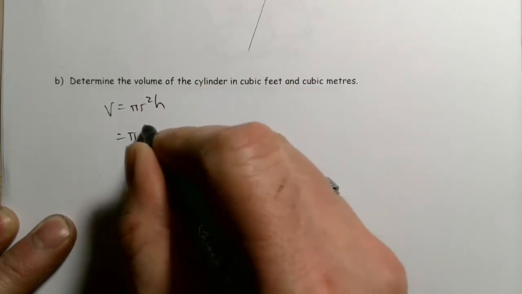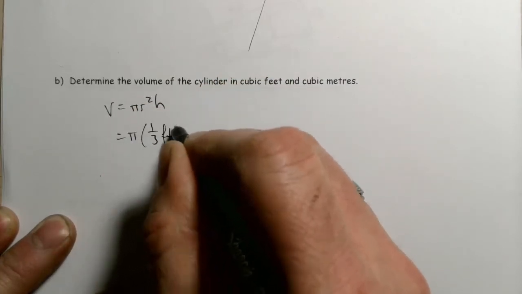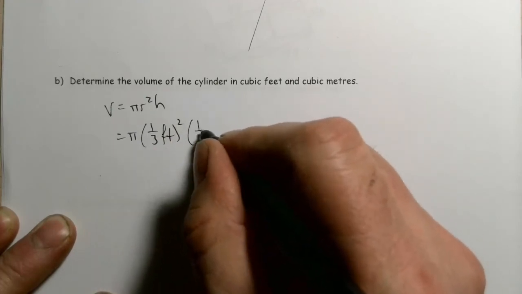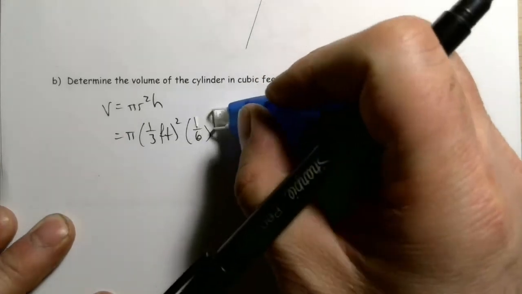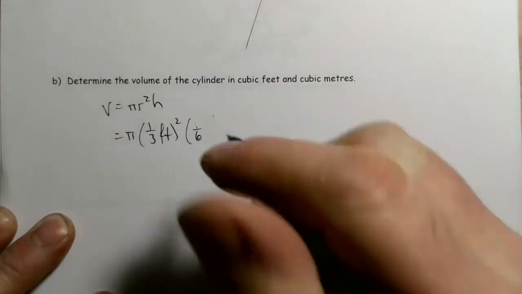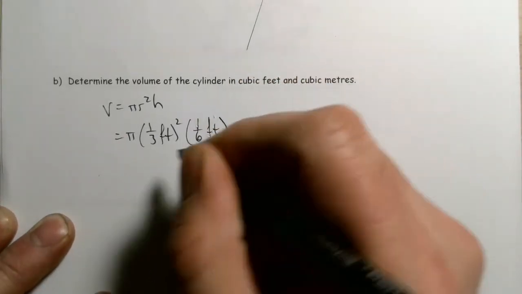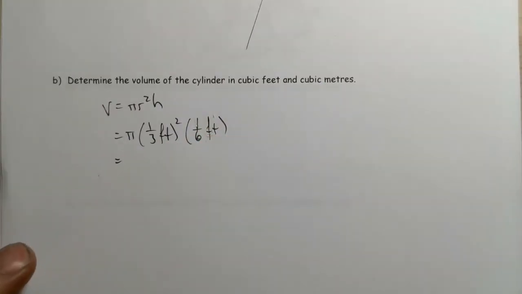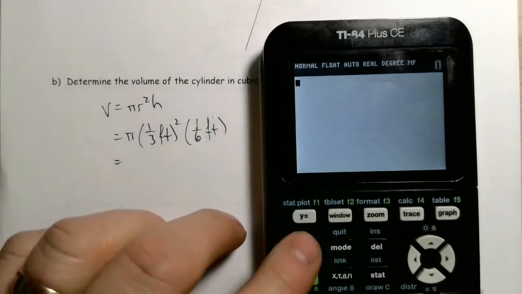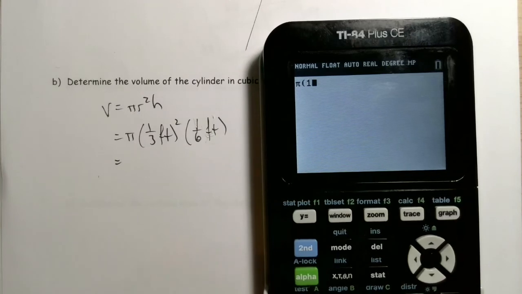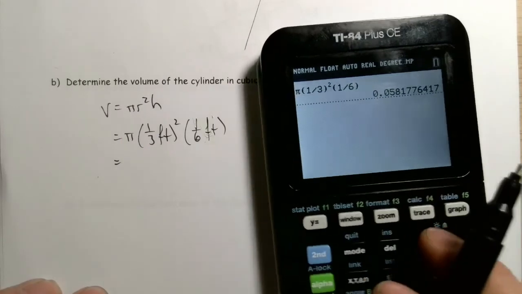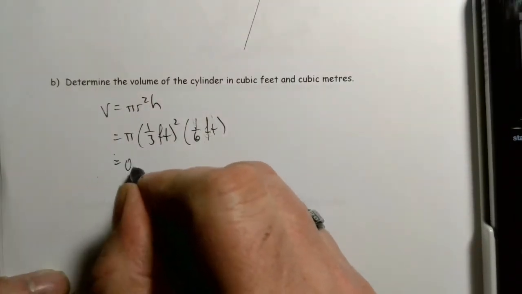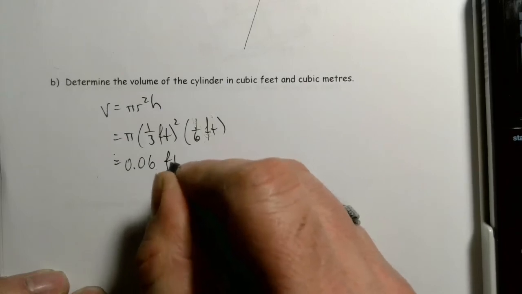So it'll be pi multiplied by 1/3 of a foot squared multiplied by 1/6 of a foot. On my calculator, it'll be pi multiplied by 1/3 squared multiplied by 1/6. And to the nearest hundredth, that's approximately 0.06 feet cubed.